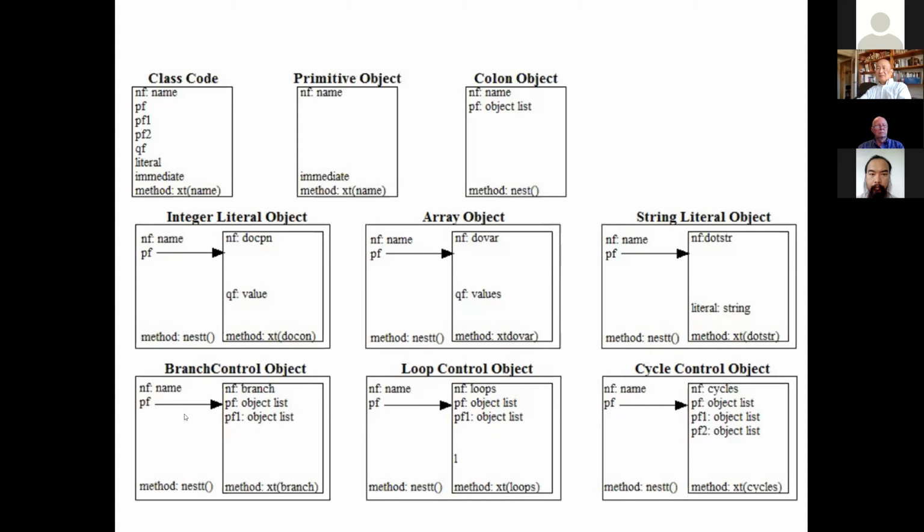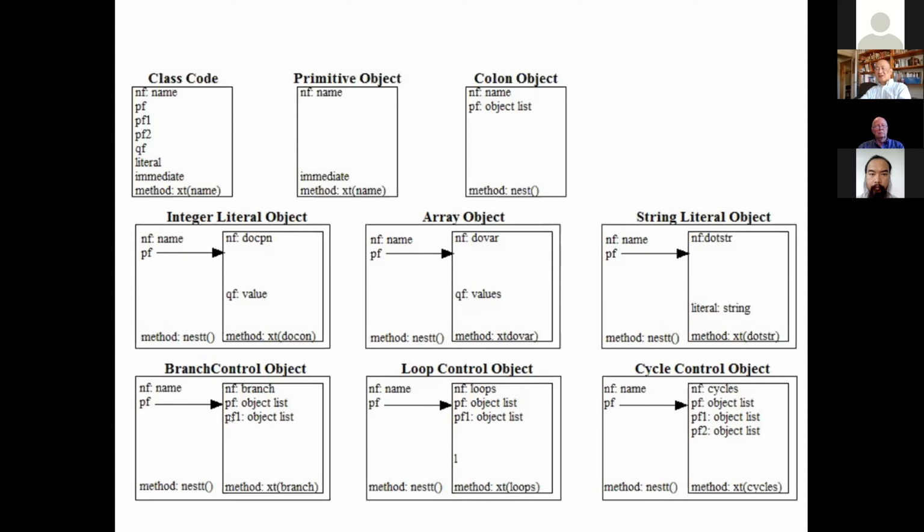In the branch object, you do the if-else thing. Here, the branch object has two lists. This one, PF, is the true object list, and this one, PF1, has the false object list. If it's true, then you execute the list in PF.